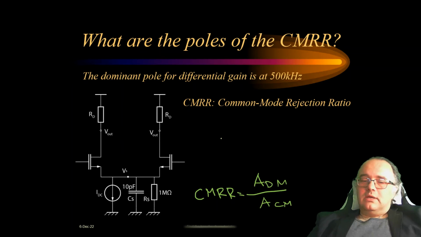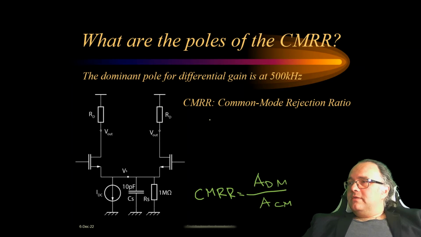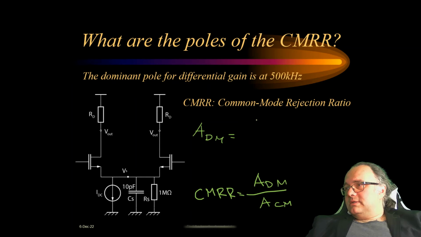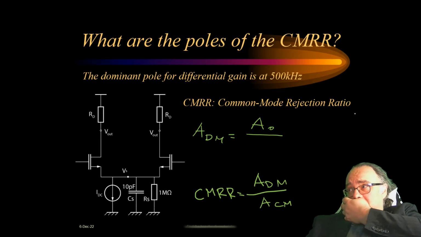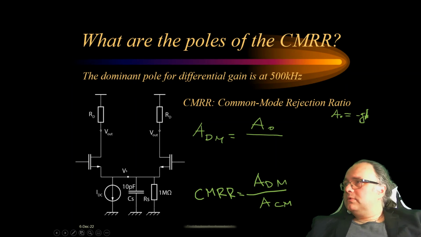So the differential gain, if there is only one pole, in most cases can be considered as a certain DC gain, A0, which will be something like minus gm RD.